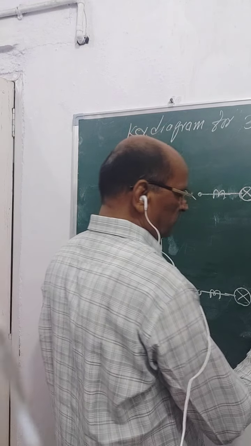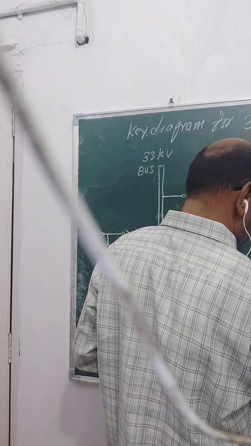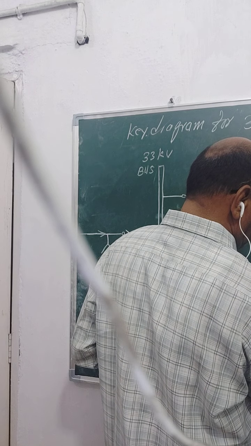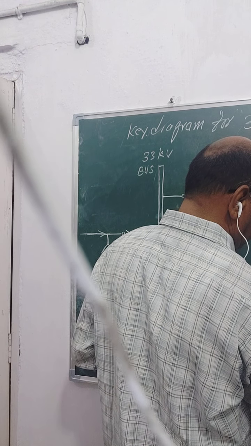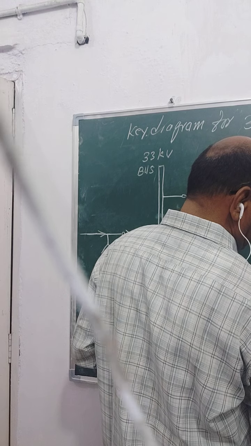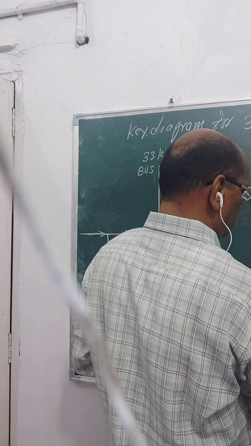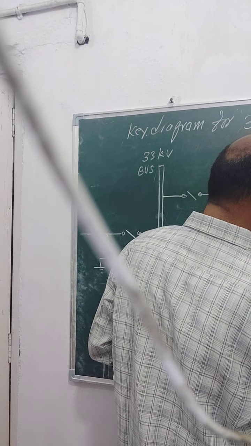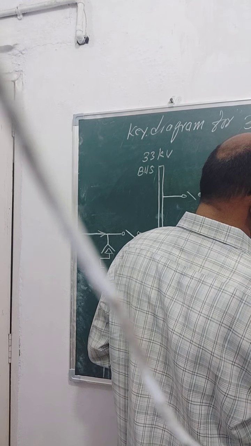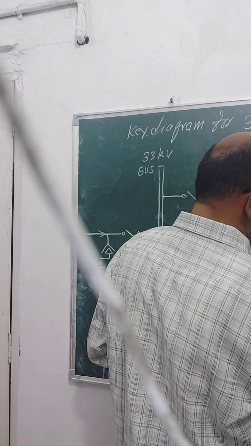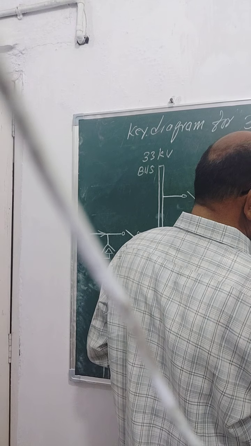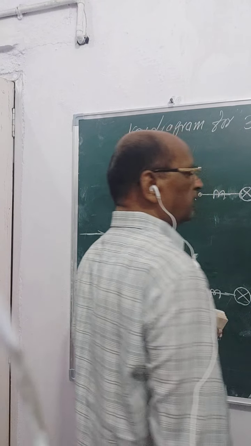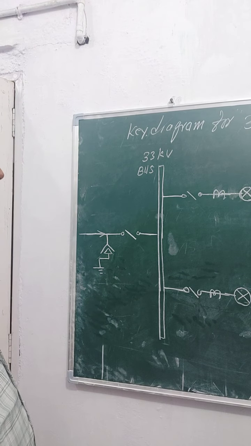For sound protection of the transformer, which is a very important unit in any substation, we always provide double lightning arrestors, primary side and secondary side. This is a delta star transformer. Then again the lightning arrestor and isolator, connected to the bus bar.